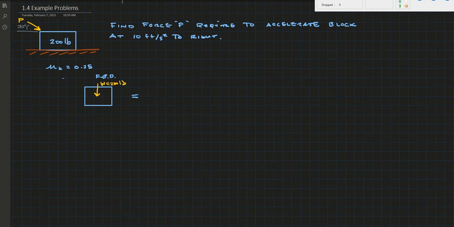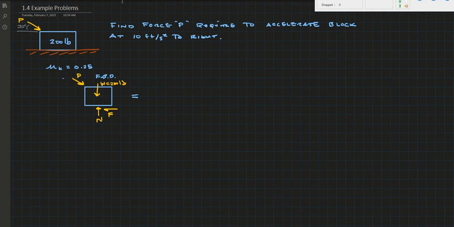There's a force P here. We have the ground pushing back up with a normal that isn't necessarily in line with that 200 pounds, and we have friction holding us back.